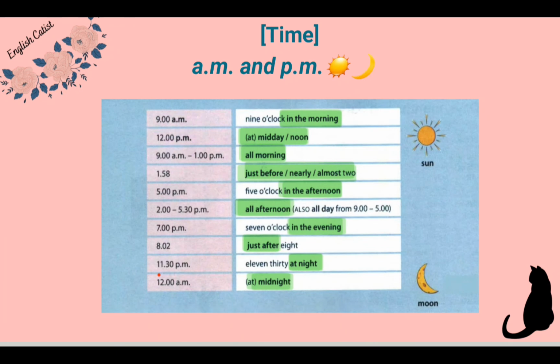Now, another important part of clocks is AM and PM. Basically, AM means morning and PM means noon to night. But sometimes it's confusing, like when, for example, what is this? 1 p.m. Yeah, it's true.